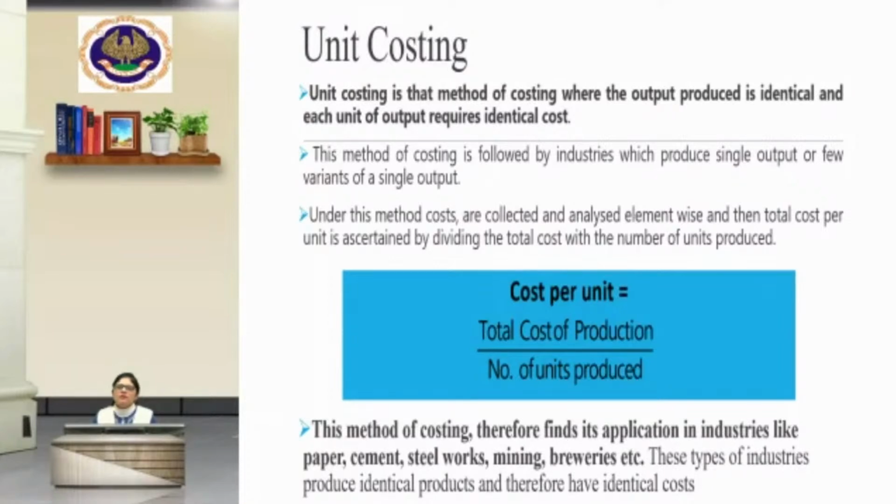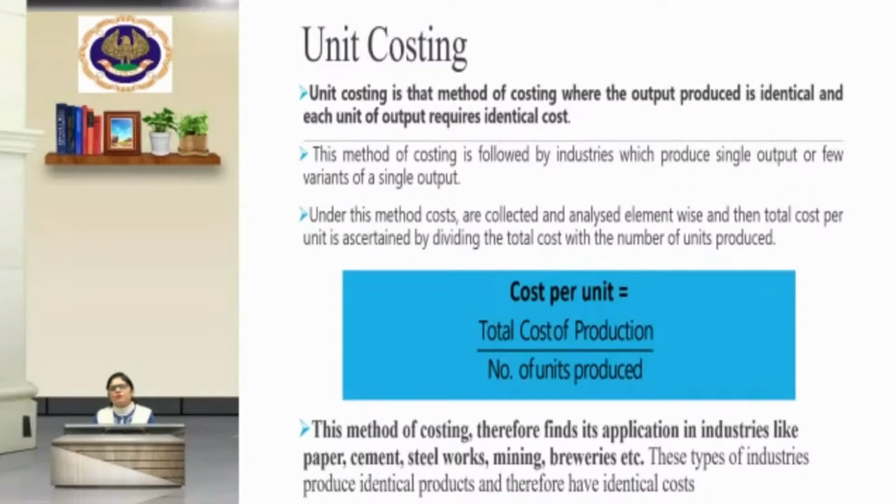And then we have the three overheads which are added at different landmarks. First, we add the factory overhead to get the works cost. Then we add the admin overhead, then selling and distribution overhead, and then we calculate the profit to compute the sales. So every element of cost will be accumulated and collected to find out the total cost.